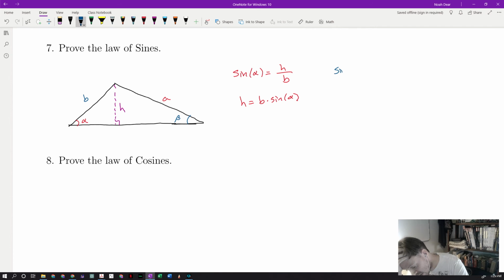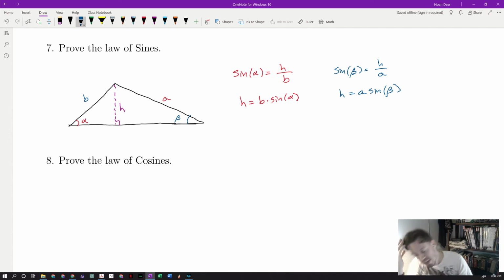Similarly, I could write that the sine of beta equals the opposite here is H over the hypotenuse of this triangle now is A, so I get H equals A sine of beta.